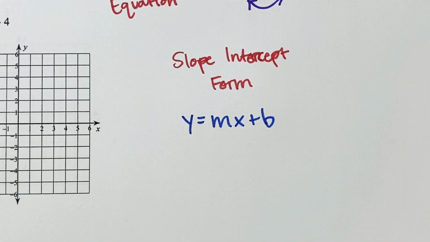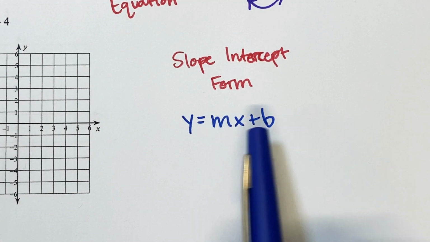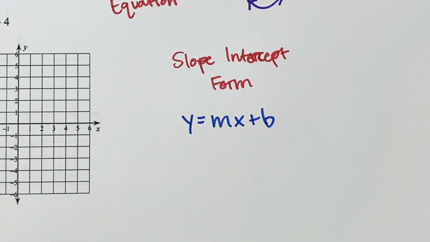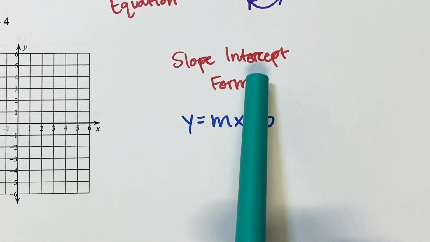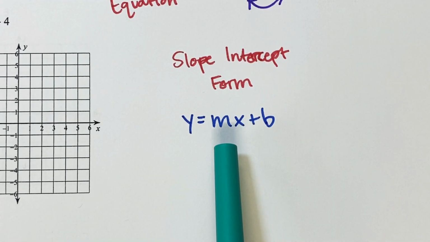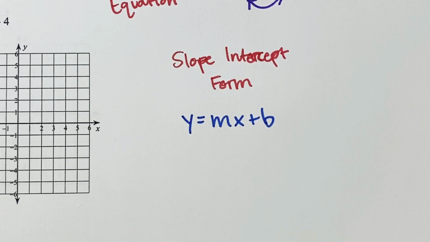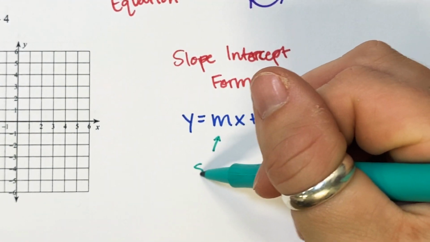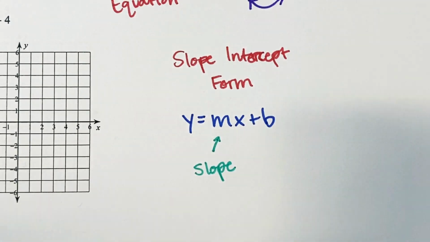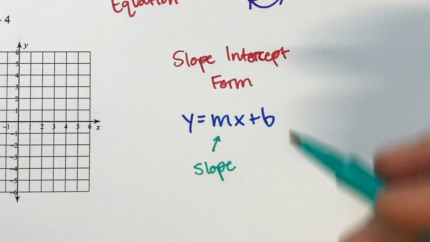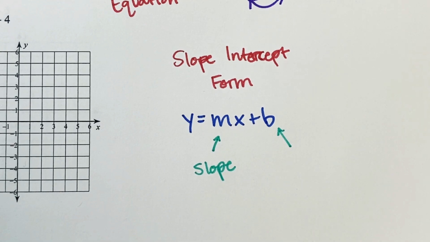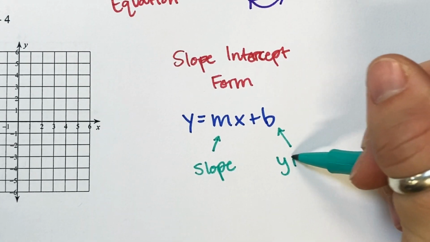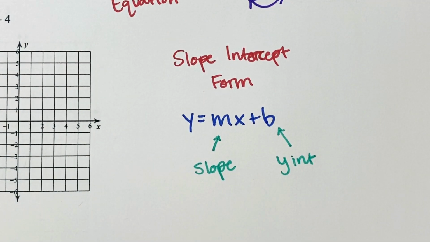But let's see if you guys know what this m and this b actually represent. Okay, think slope and or intercept, which one is always right in front of your x, your slope or your y-intercept? That's going to be our slope. Okay, so if the m is our slope, what is our b? That is going to be our y-intercept.